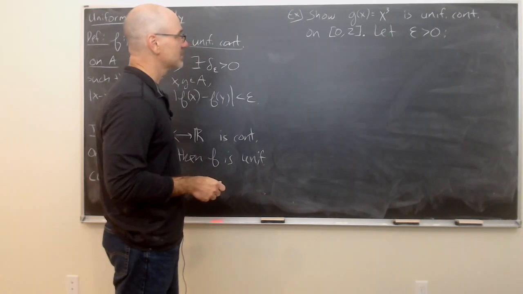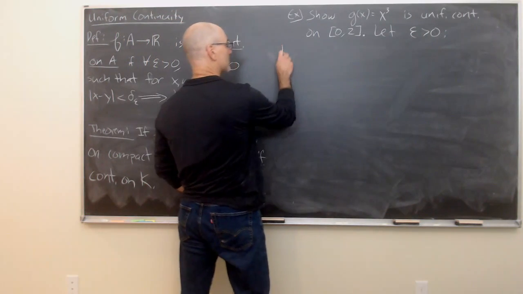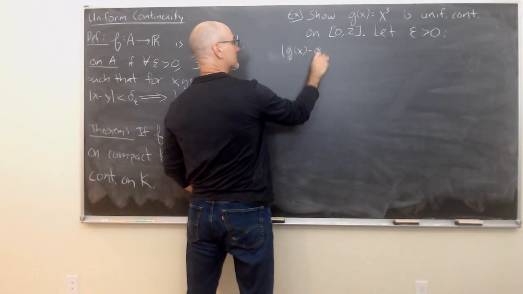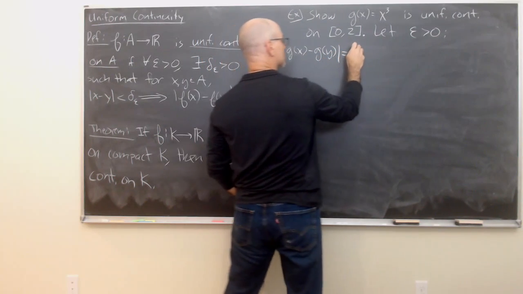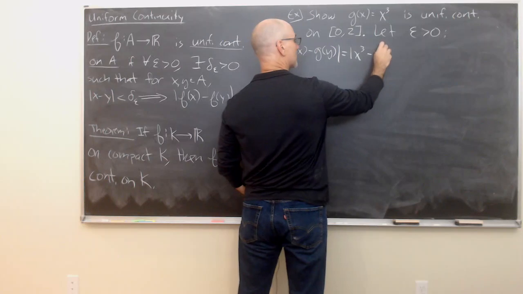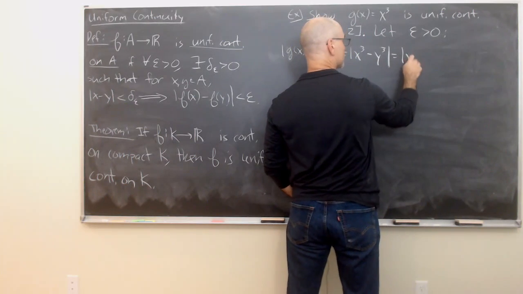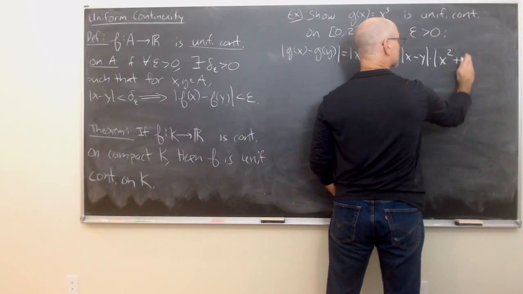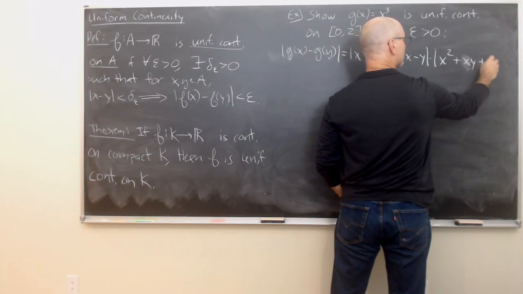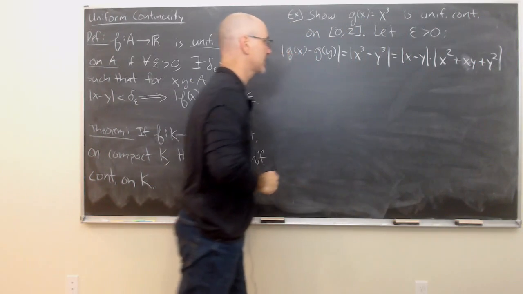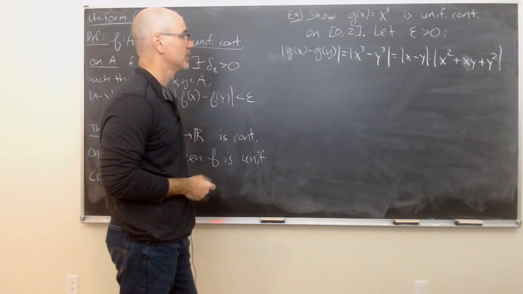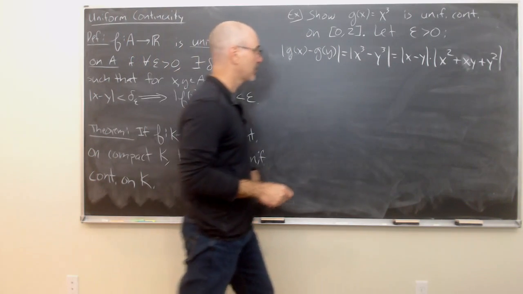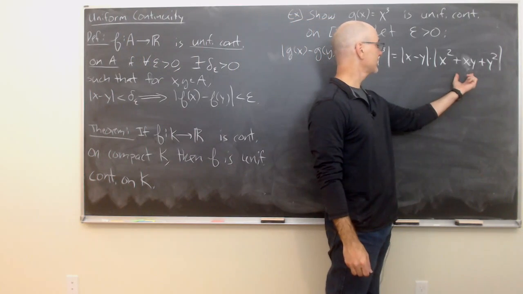So let epsilon be bigger than 0, and we consider the thing we want to make small. That's g of x minus g of y, which is x cubed minus y cubed, which by the difference of two cubes is this. We pull the x minus y out of the difference of two cubes, and we're left with x squared plus xy plus y squared. Now, as in previous problems, I want to get a bound for this.